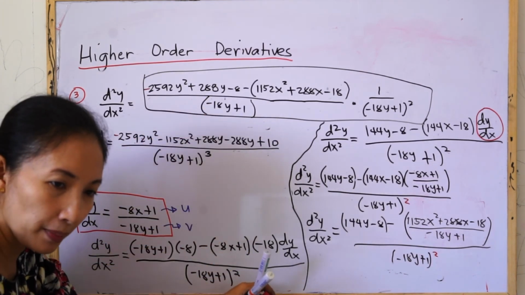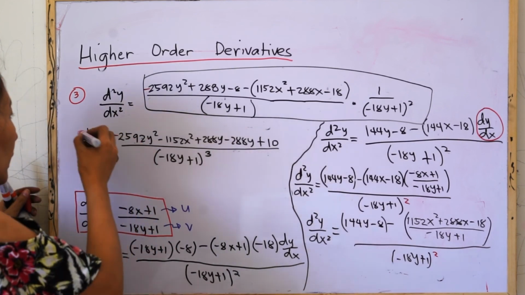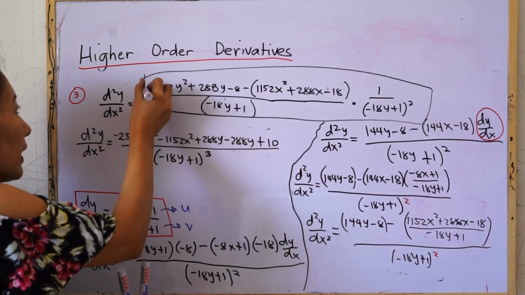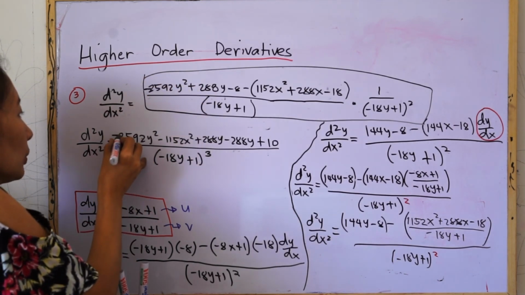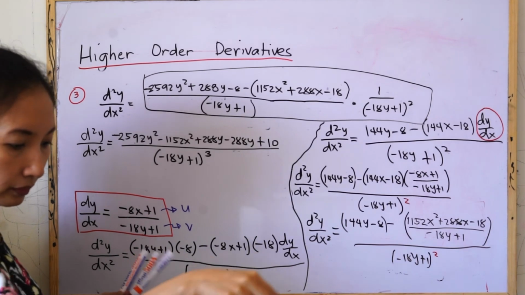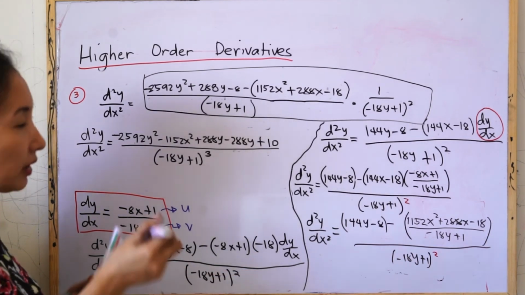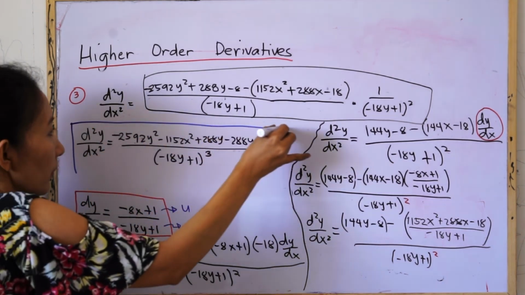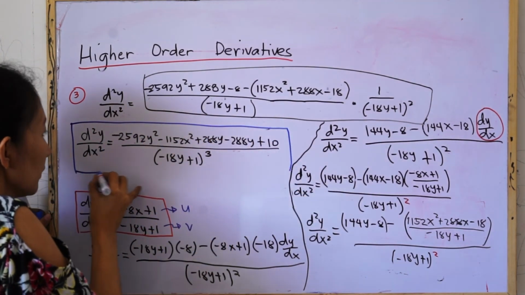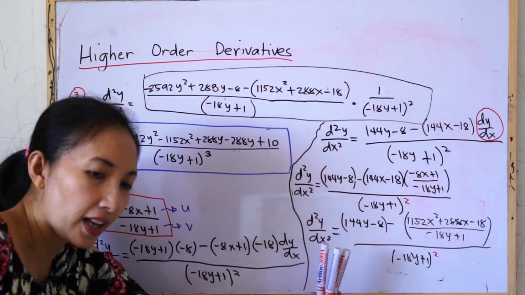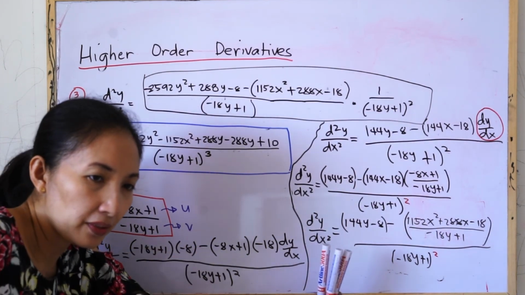Did you get the same answer? So the final answer is this: negative 2592y squared. Let's enclose it in a box. As much as possible, express your final answer as a single fraction.